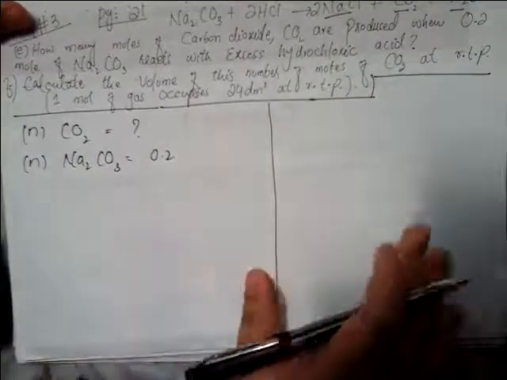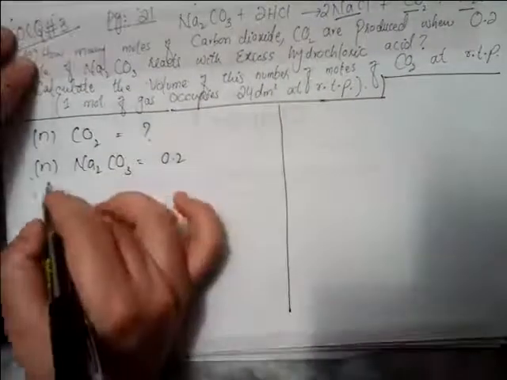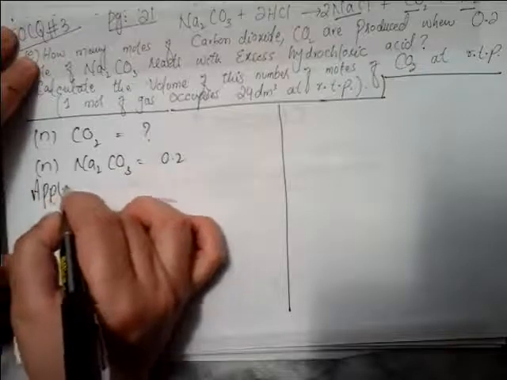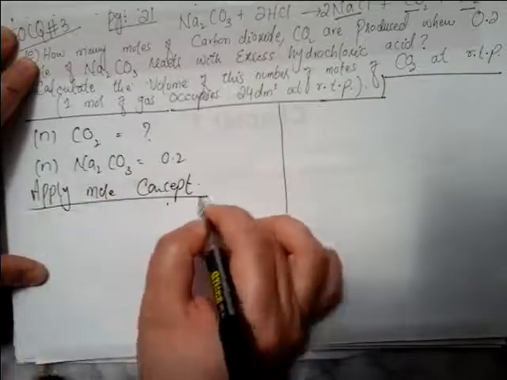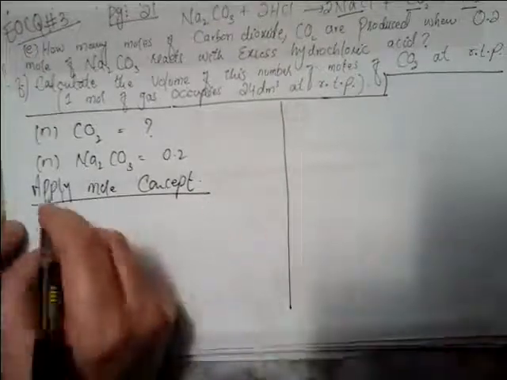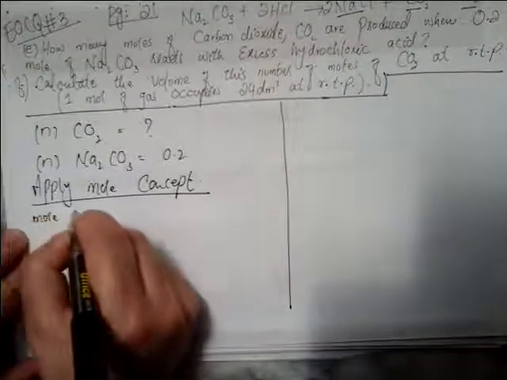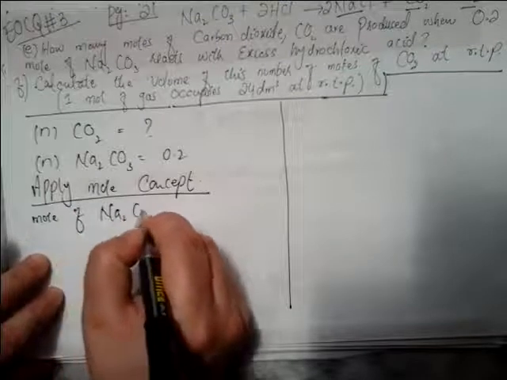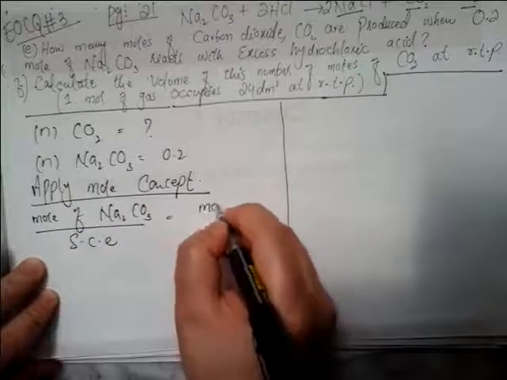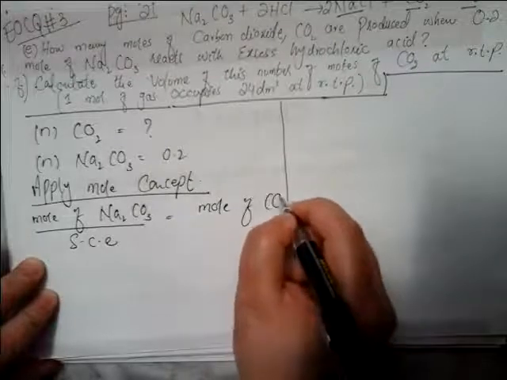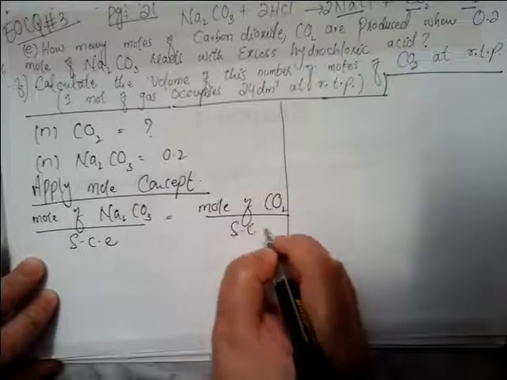Definitely you can apply the mole concept over here. Applying the mole concept, the moles of sodium carbonate divided by its stoichiometric coefficient is equal to the moles of carbon dioxide divided by its stoichiometric coefficient.